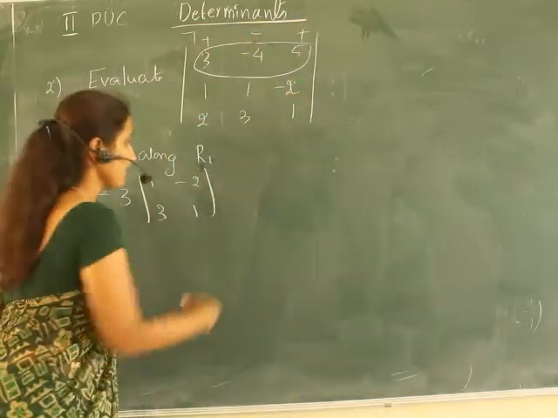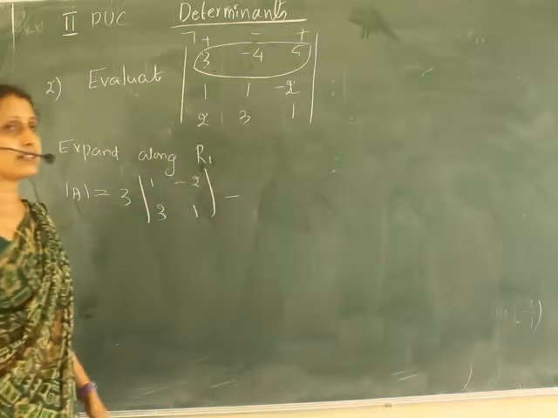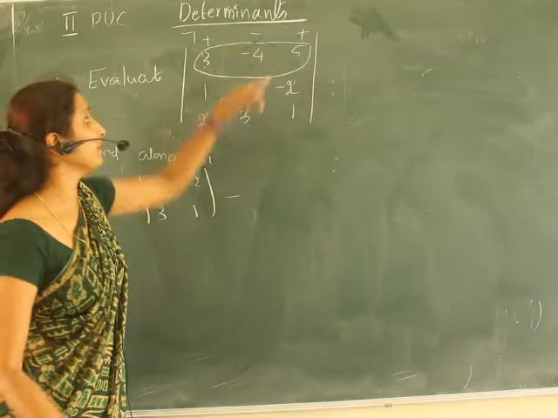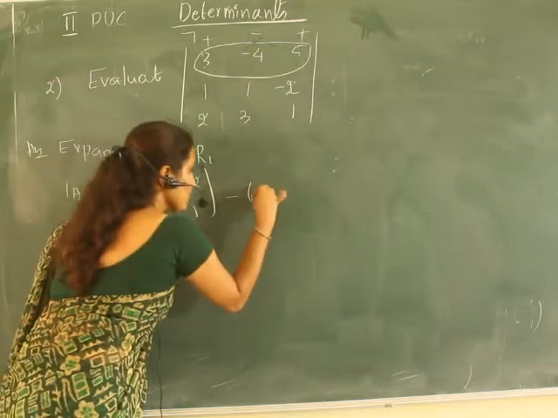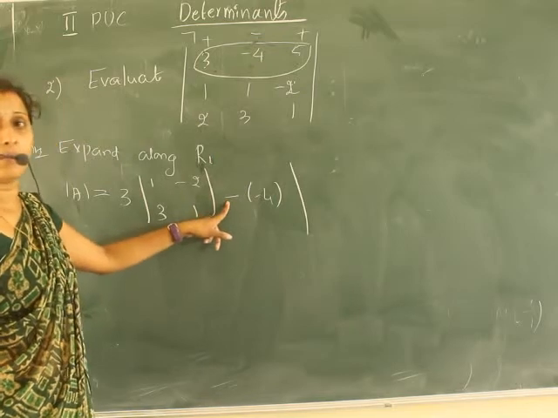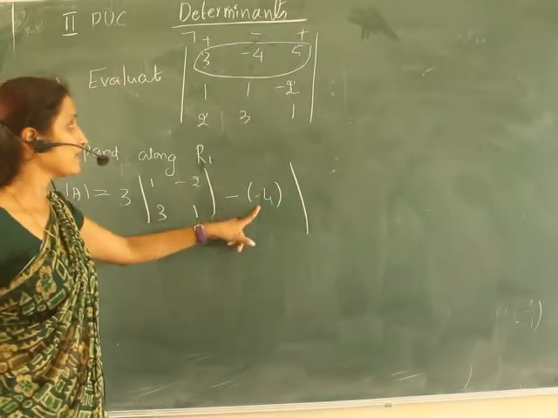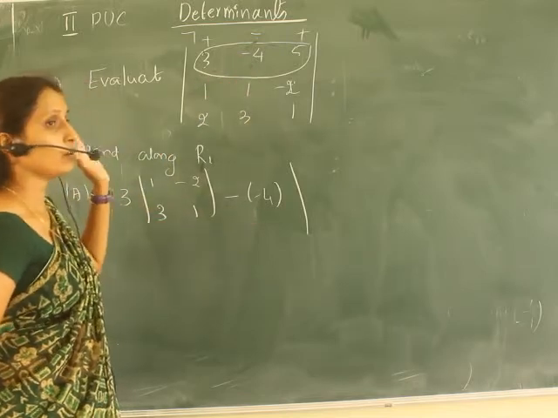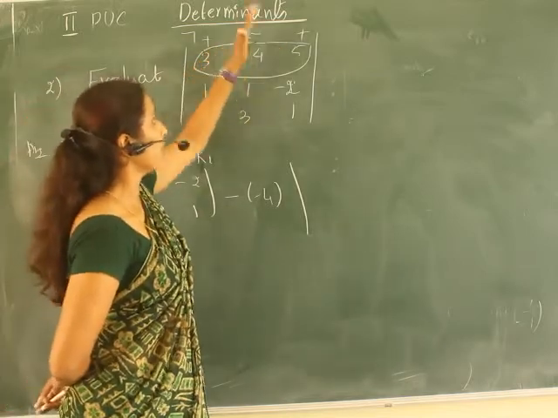So here minus, that is the sign, minus 1 to the power i plus j, then again the element is minus 4. So minus, this minus is from minus 1 to the power i plus j, and this is the element minus 4. Next I have to delete this row and this column.